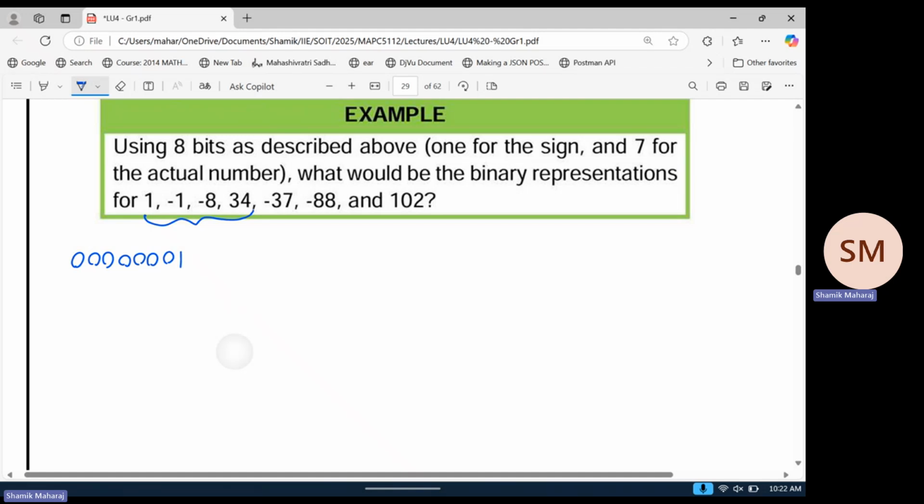But now the first bit needs to change, because that represents a -1. So the first bit here becomes a 1. So this first one is 1, and this second one here is -1, but all I did is flip the first bit.